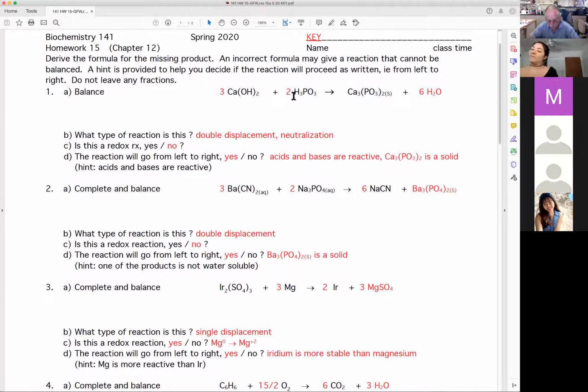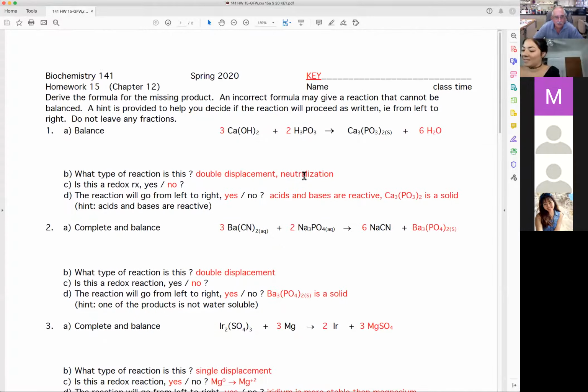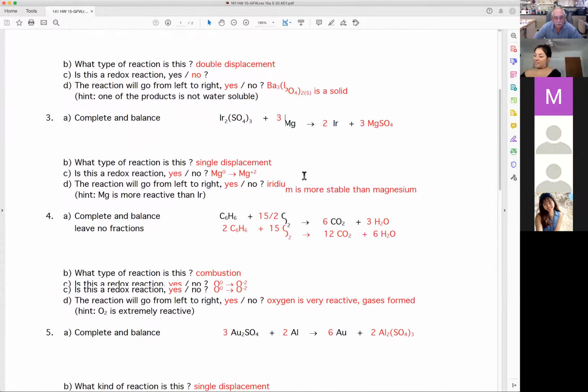Quiz 9, number 4 and number 10. Oh yeah, number 4 really confused me. Do you have any questions on this last homework right here?